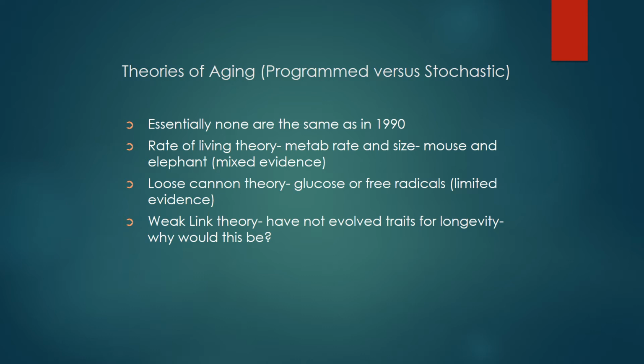So, weak link theory, basically saying that some organisms have evolved traits for longevity. It is really interesting to me because if you think about survival of a species, a trait of longevity is probably not going to really promote the survival of a species, because the older people are going to take away resources and nutrients from the younger folks who are still in their reproducing age.